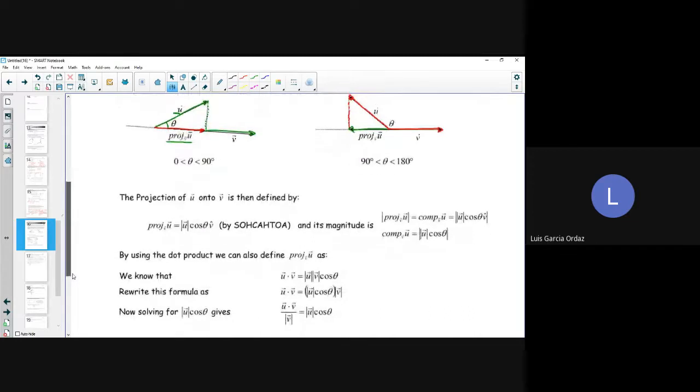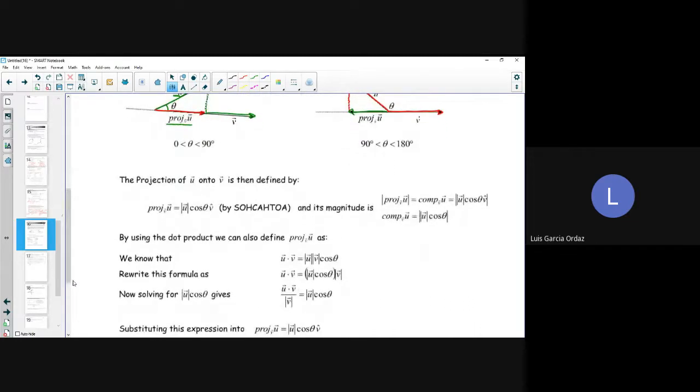So the projection of u onto v is equal to the magnitude of u times cos of theta times the unit vector v. Okay? And my unit vector, we can always assume, has a magnitude of 1.